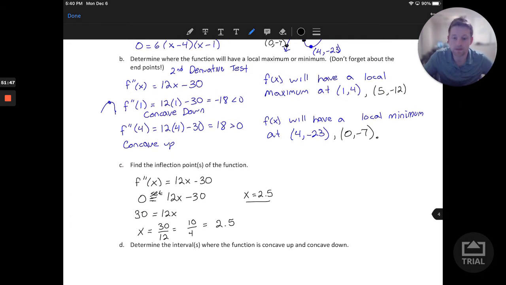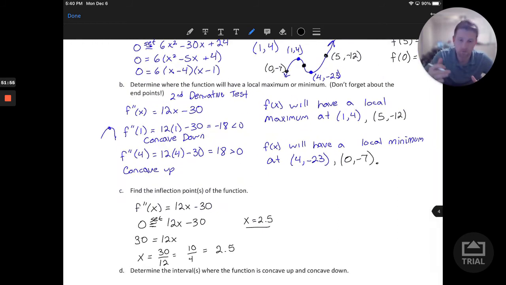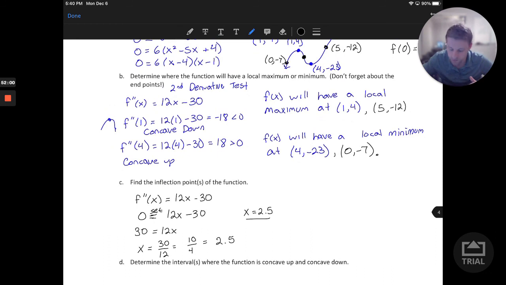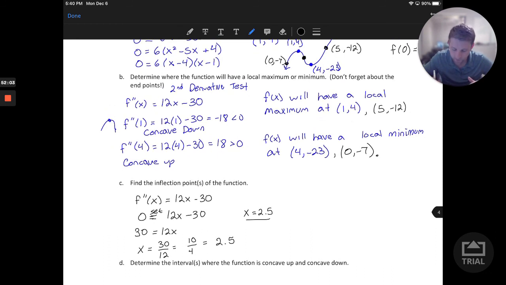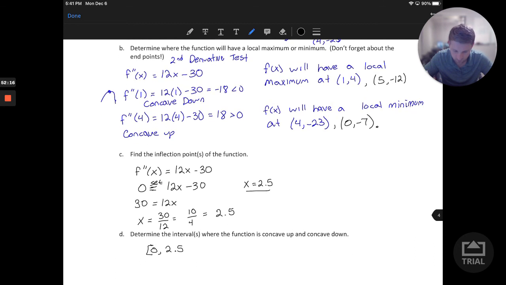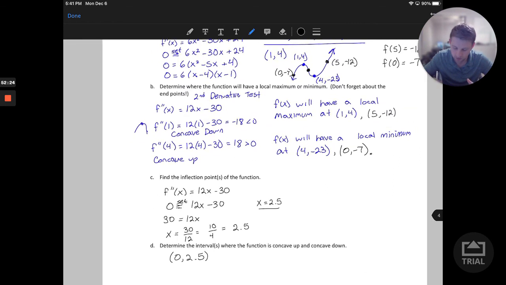And if I wanted to consider where my intervals of concavity are, where I'm concave up and concave down, again, I could look at my kind of reference of the problem that I already have here, and I could say that my first segment here from 0 all the way to my inflection point, that's 2.5, this would be a, let's take an open interval here, open interval from 0 to 2.5, we would say is going to be concave down.